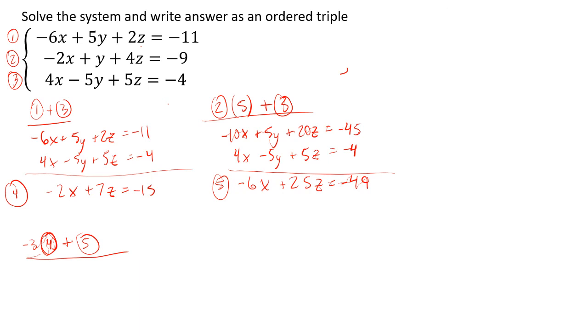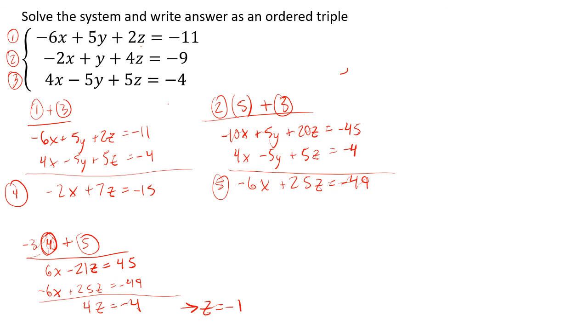So negative 3 times equation 4 gives me 6x minus 21z equals positive 45, and then equation 5 was negative 6x plus 25z equals negative 49. And so if we add these, we'll have that 4z is equal to negative 4. So therefore, z is equal to negative 1.